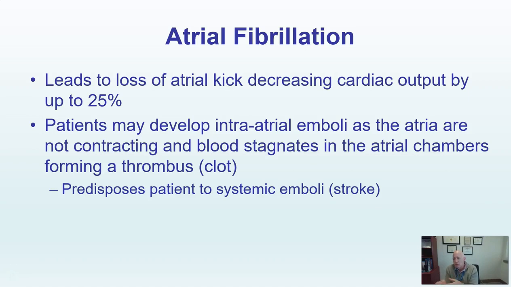So the biggest life-threatening risk with AFib is development of a clot in the left atrium, which can then embolize, and of course that can cause a stroke. It can go to the intestine, it can go to the leg, but thromboembolic problems with AFib are very important, and many of the commercials you see on TV about AFib are about anticoagulation used in patients with AFib.